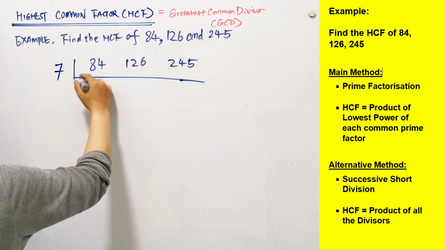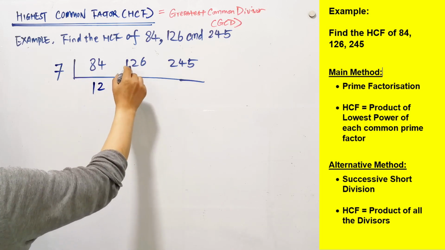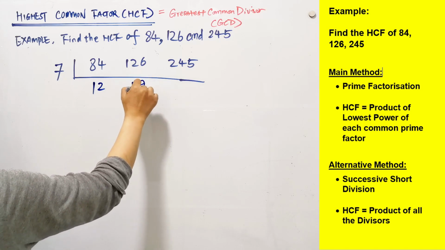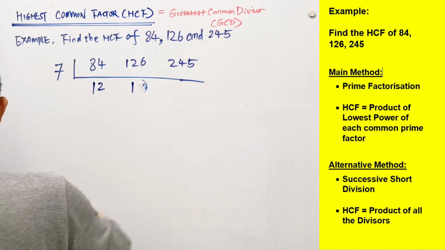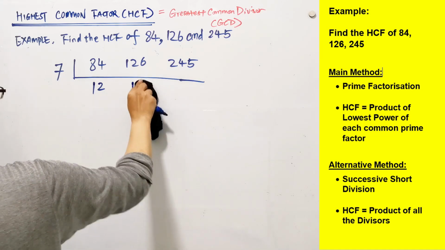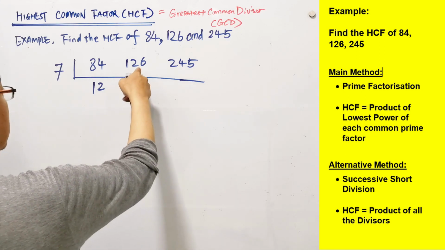What do we get here? 12, right? Here we get how much? 18, right? Sorry. What do we get? 35.